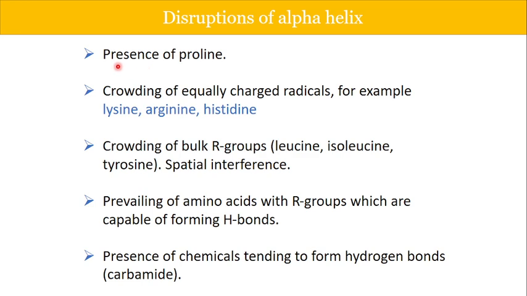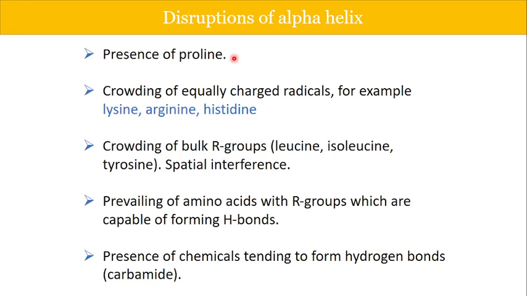Now, the presence of proline: if we recollect the structure of proline, it has an imino group, and it has a very rigid structure. That's why it does not have flexibility, it has the least flexibility, and that is why the presence of proline disrupts the formation of the alpha helix.